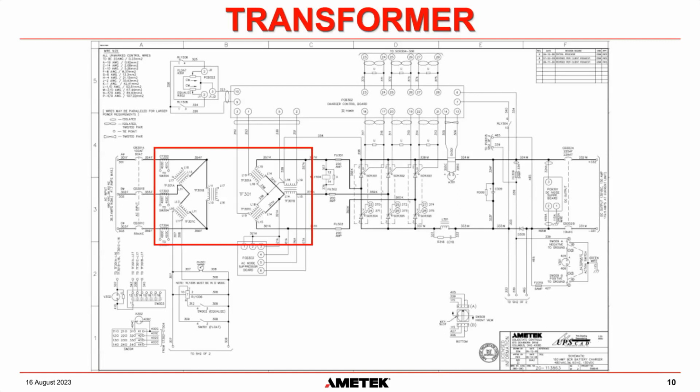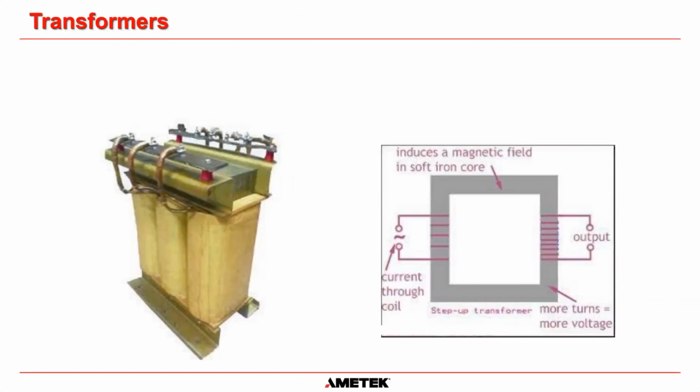As you can see on the screen, I've highlighted the transformer, and you can see that there's a primary and a secondary. We have our primary here and our secondary here. The primary is delta and the secondary is Y. And the transformer is an isolation transformer.